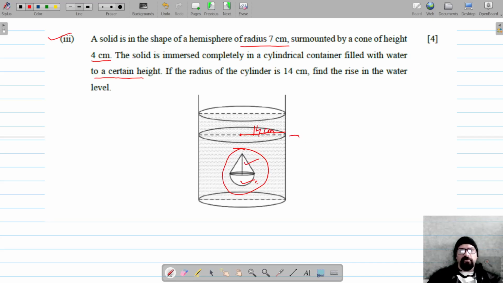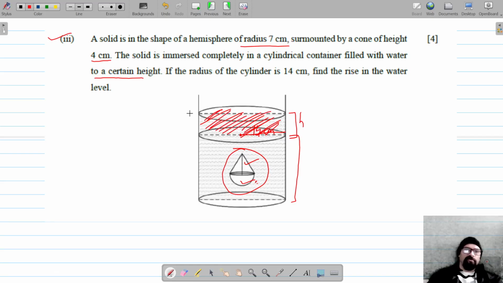So let's say this was the original water level, and let's say h is the height to which water rises. Now the water that rises, this volume will be equal to the volume of the solid immersed.